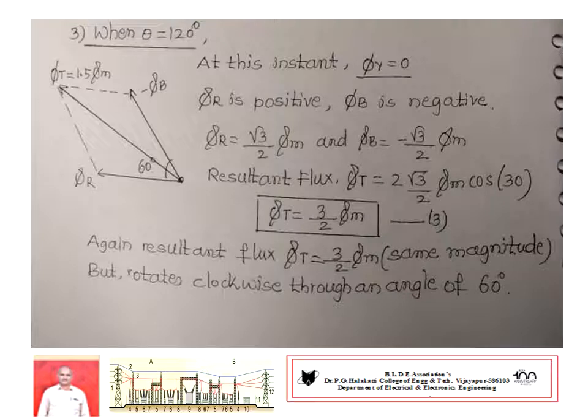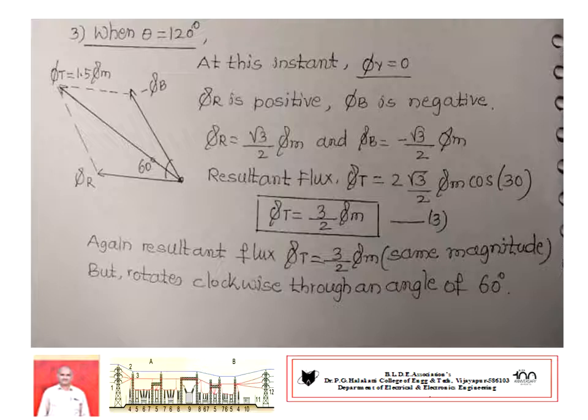When theta equal to 120 degrees, at that instant the flux phi y becomes 0. It is also observed from the waveform diagram. Flux phi r is positive, flux phi b is negative. So the flux phi r equal to root 3 by 2 phi m, and flux phi b equal to minus root 3 by 2 phi m.